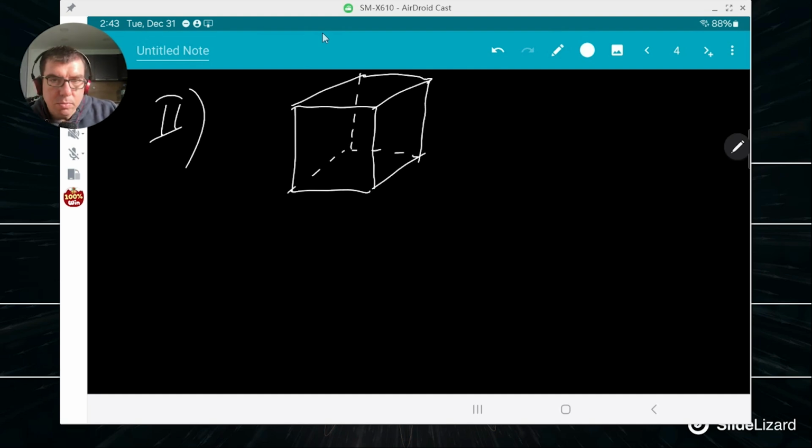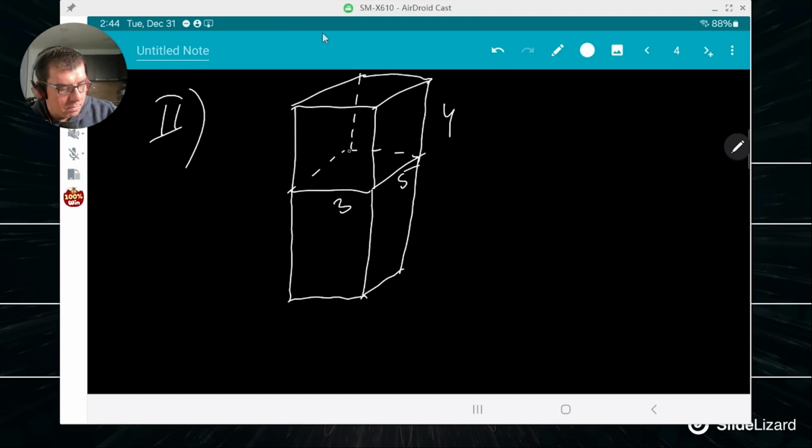Now let's assume that I've rotated the prism, so I have the 3 by 5 face here, and the other edge is 4. And now again I'm gluing this together, something like this, okay? Now this is 4, this is 3, this is 5, this is 4, this is 4.